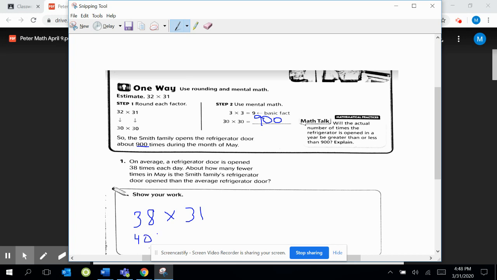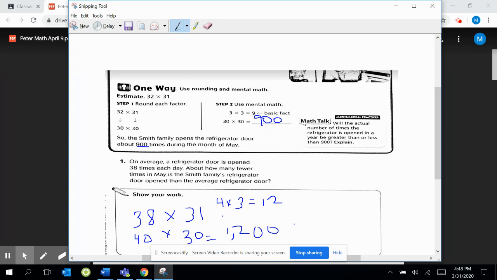So we can change it to 40 times, and 31 is almost 30. So we can take 30 times 40, and we can take it down to the basic fact, which is 4 times 3 equals 12, right? And then to do 40 times 30, we would just have to add, we'd have 12 with 2 zeros. Okay, 1,200.